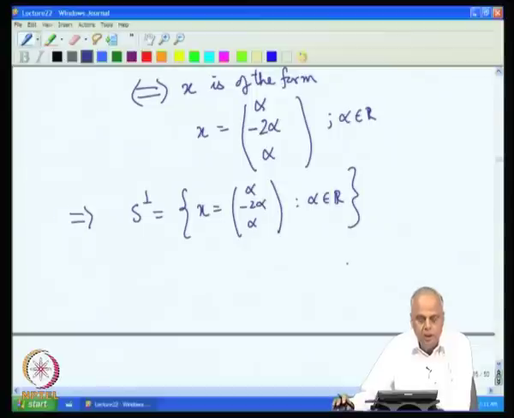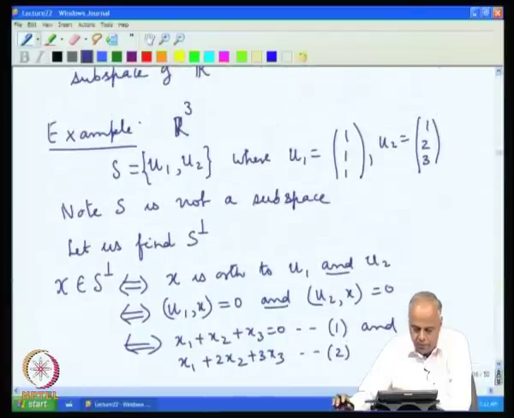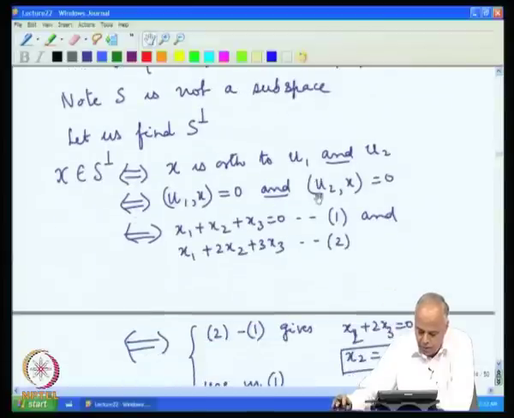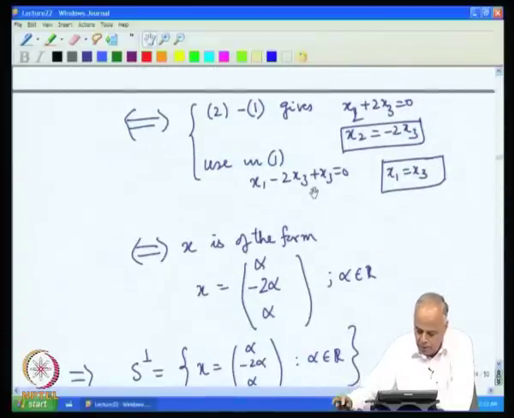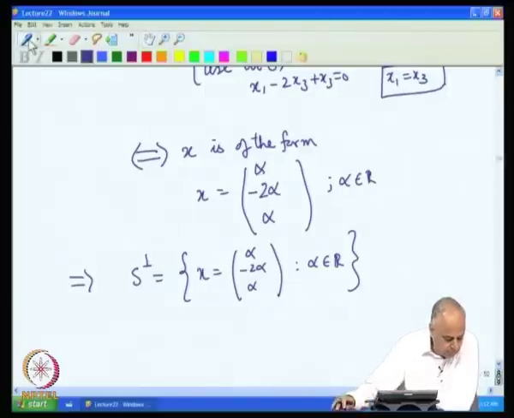So, for this collection of vectors S which we found, the corresponding S perp is given by this subspace of vectors. S perp is always a subspace.